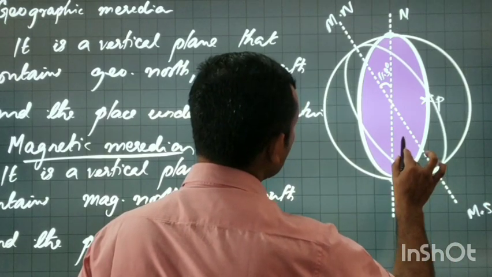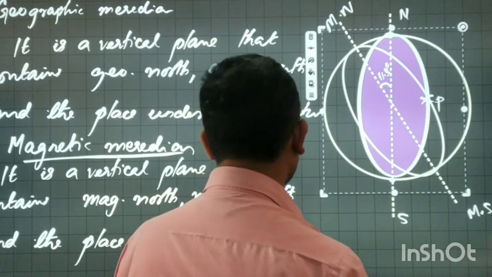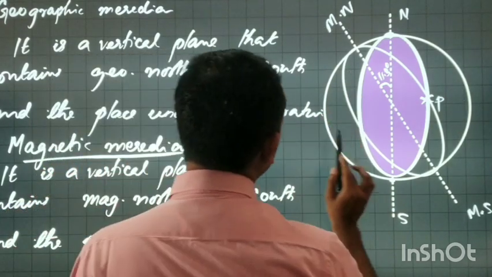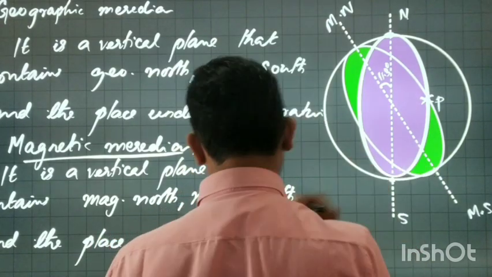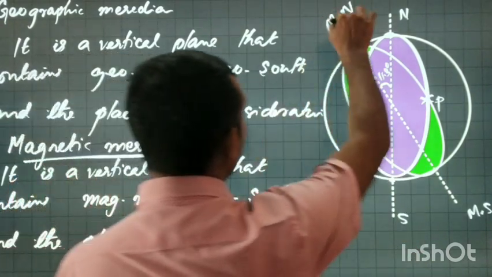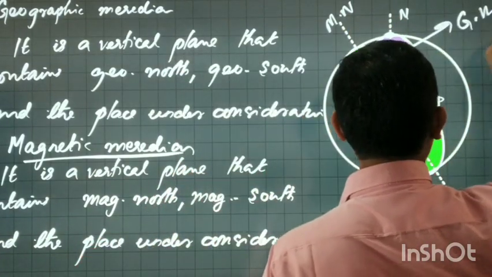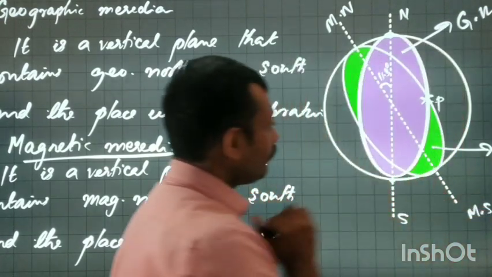Okay, approximately I understand this. Now this is the intersection. Now this is what is called a magnetic meridian. So this is called a geographic meridian and this one is called a magnetic meridian.